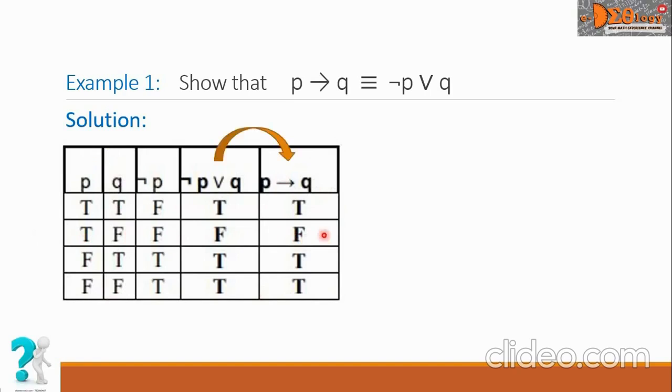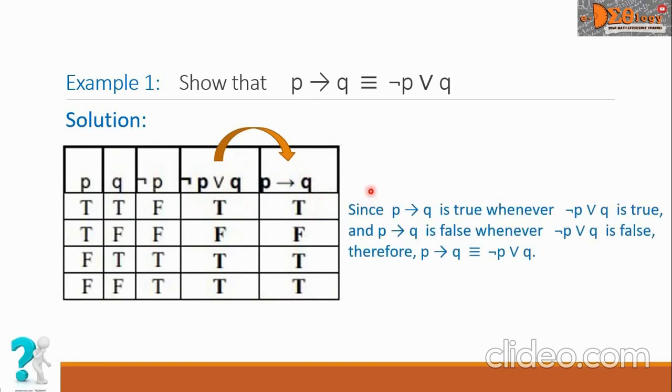Now, let us consider this column, not P or Q, and the column P implies Q. We can see that they have the same truth values everywhere.